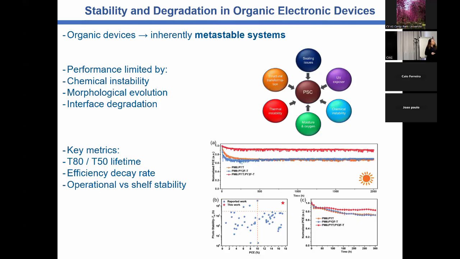So sometimes the organic materials that we are working with have this catalytic property to work with the water or with oxygen, so it's easy to break some specific bond of the structure and do the bond with oxygen, and we have this chemical instability being the hardest thing to deal with.